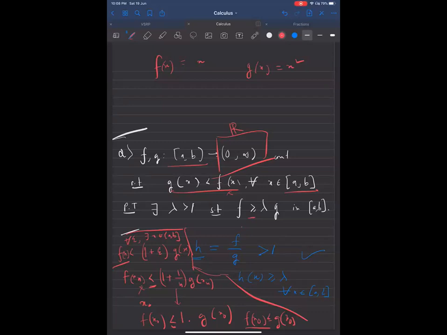And what should be the interval AB? Any guesses? 0 to 1. Yeah. So see here, x square is less than x in (0, 1). That's true.